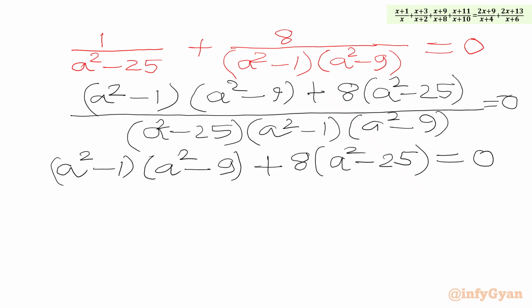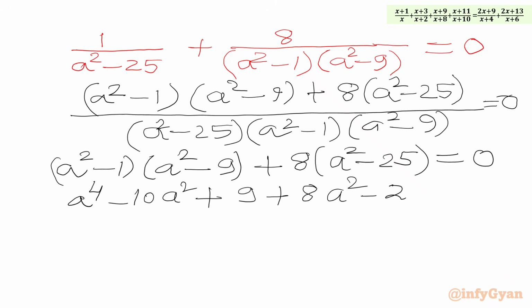Now we will simplify. So we will get a power 4 minus 9a square minus 1a square minus 10a square plus 9 plus 8a square minus 200 equal to 0.